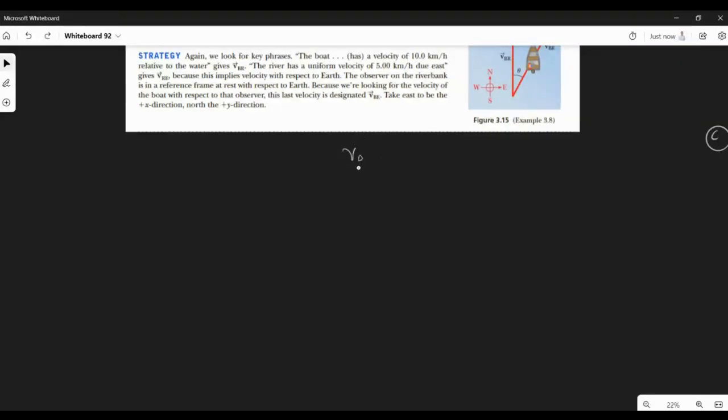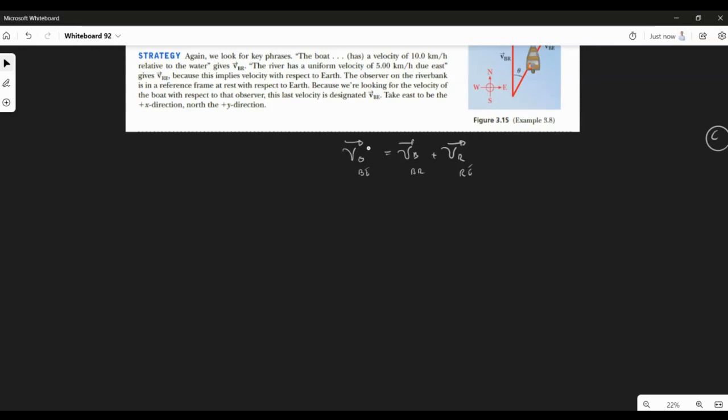I'm going to call it VO, for observer, or the book calls it VBE, which is equal to the boat's velocity plus the velocity of the river. In the book, this is called BE, the boat is called BR, and the river is called RE. I'm just calling it the boat and the river, and they want to know VO, basically.